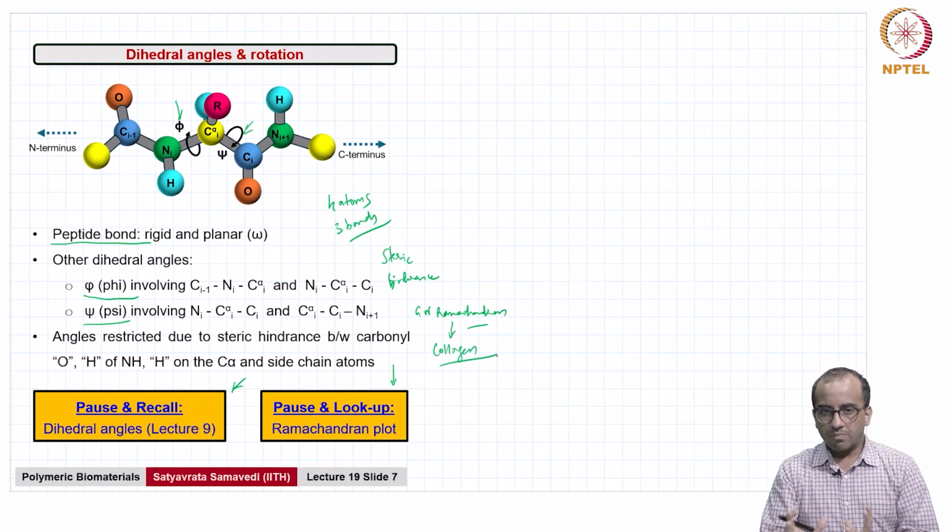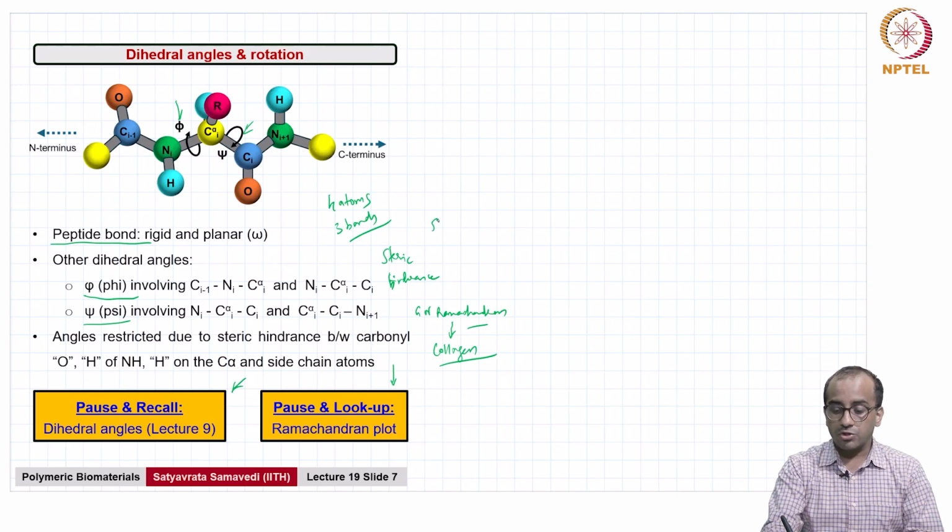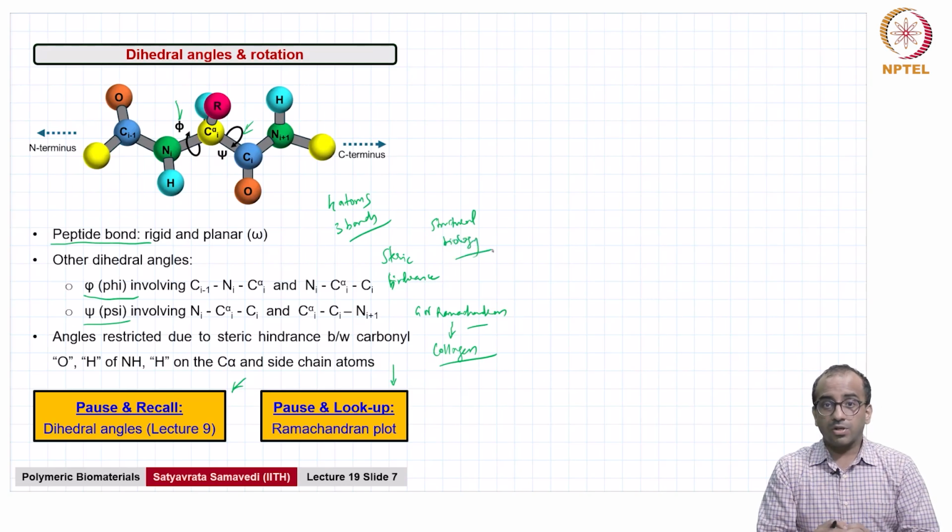So, this was the period in the 1950s, which was a very interesting, very important period for structural biology, where three very important structures were clarified in that period. One was Linus Pauling, who showed the existence of alpha helices and beta sheets, the secondary structure of proteins.